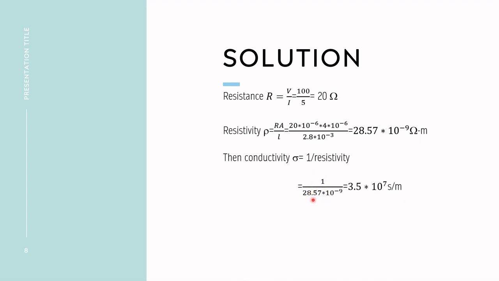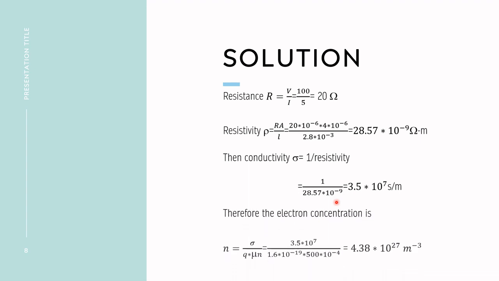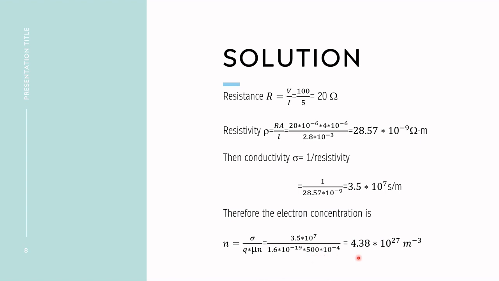That means 1 divided by 28.57 into 10 to the power minus 9, which is equal to 3.5 into 10 to the power 7 Siemens per meter, and therefore the electron concentration is N equal to sigma divided by Q into mu N. Sigma is 3.5 into 10 to the power 7 and Q is 1.6 into 10 to the power minus 19, and mu N is given, that is 500 into 10 to the power minus 4, and we get 4.38 into 10 to the power 27 per meter cube.